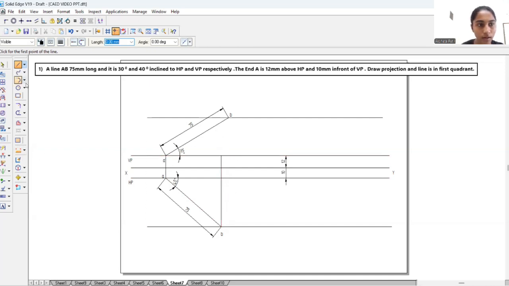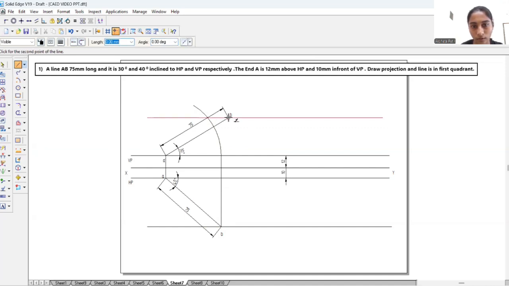We will take the arc by center point option and from here to here we will draw one arc. The same procedure we will do here.